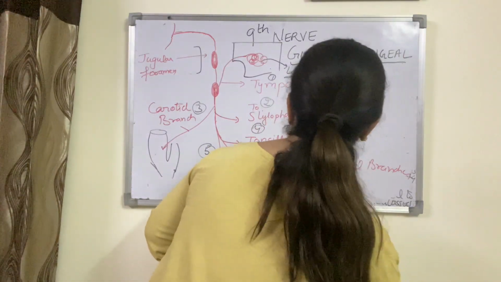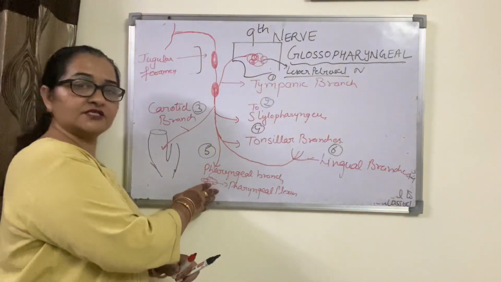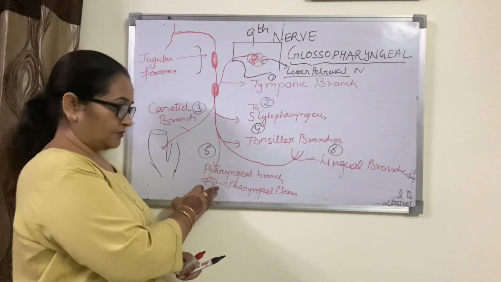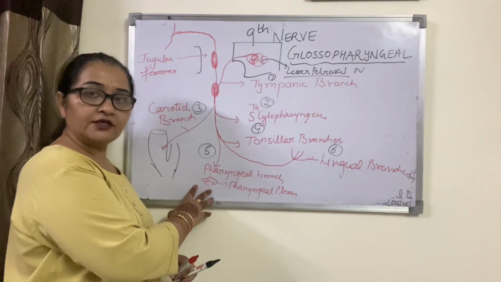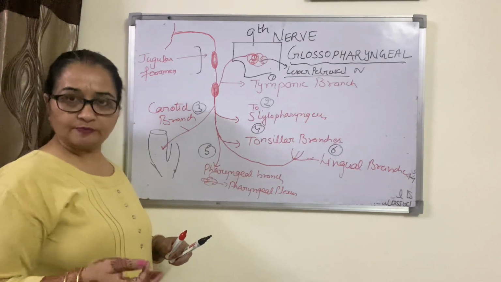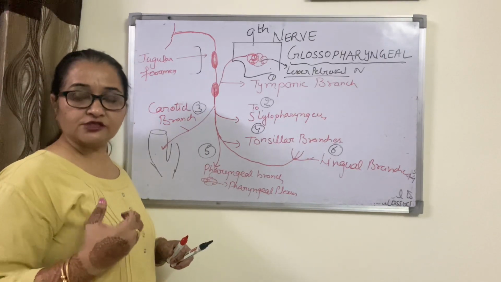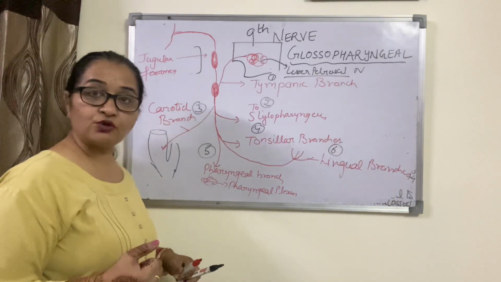Now coming to the applied aspect. The pharyngeal branches form the pharyngeal plexus. So definitely if this nerve is involved, loss of sensation from the pharynx may happen if there is injury to the glossopharyngeal nerve.